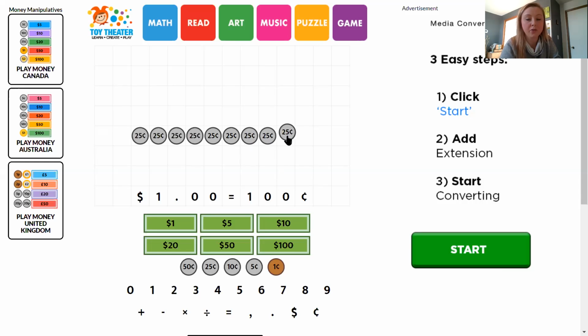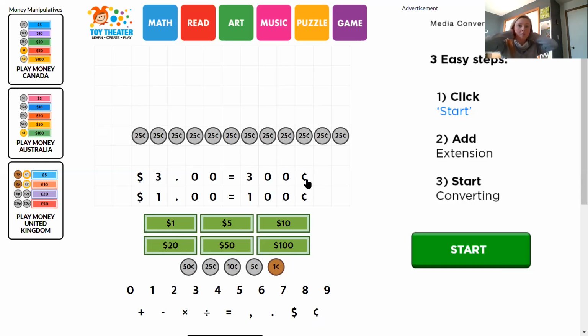We add another quarter, 225, 250, 275, and we're at 300. And 300 cents is the same as $3.